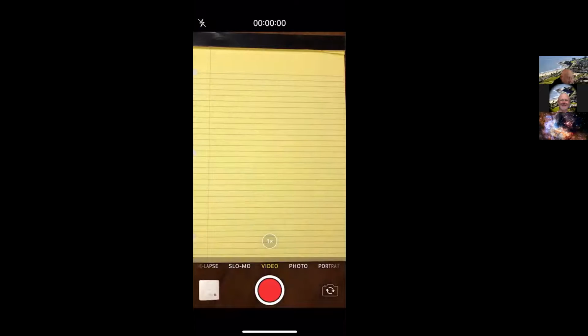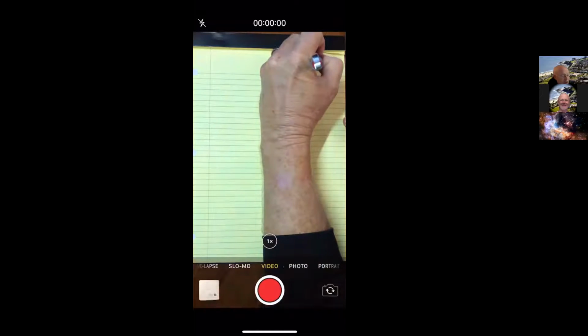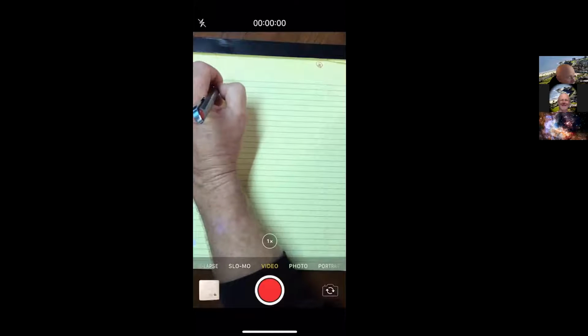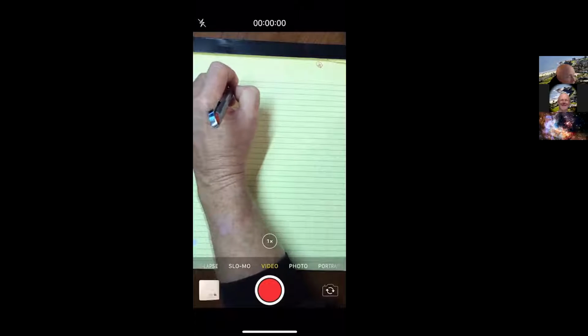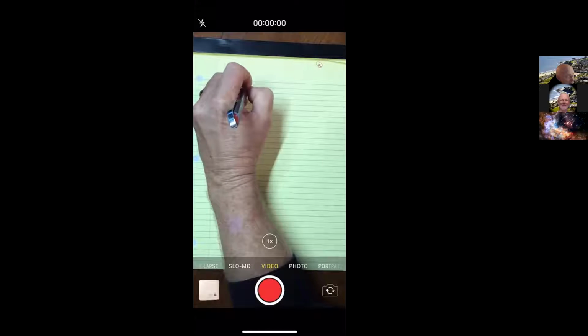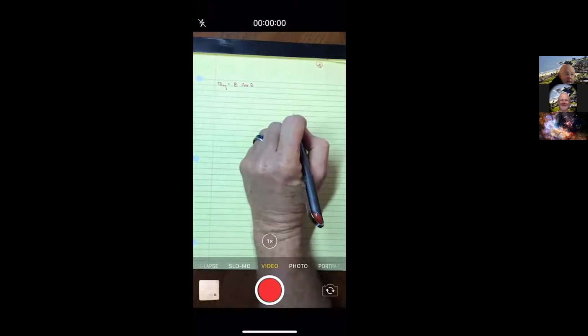So let me go to a second page here. All right, page 2, the field in the Y direction is the magnitude of the field times cosine of that angle. Okay.